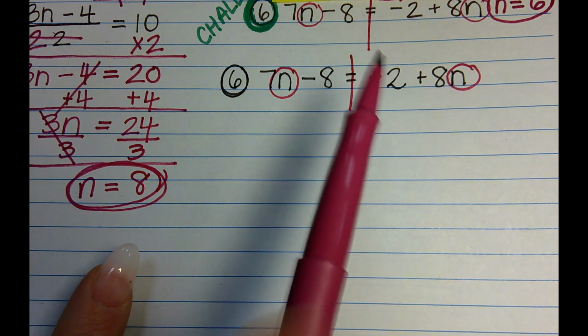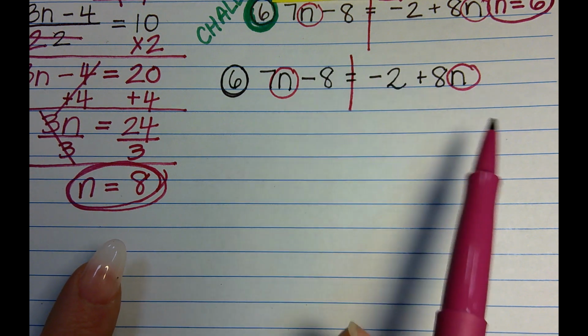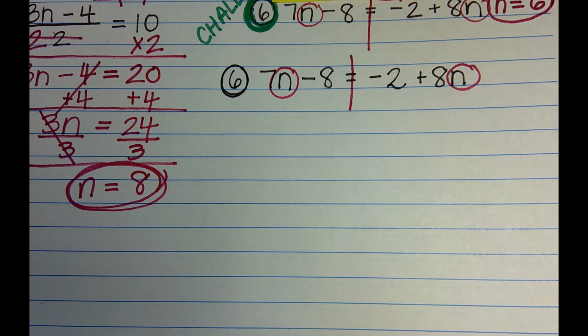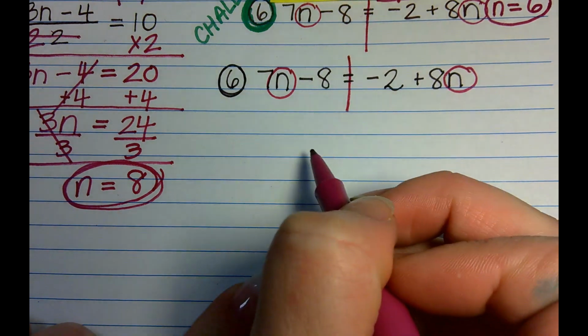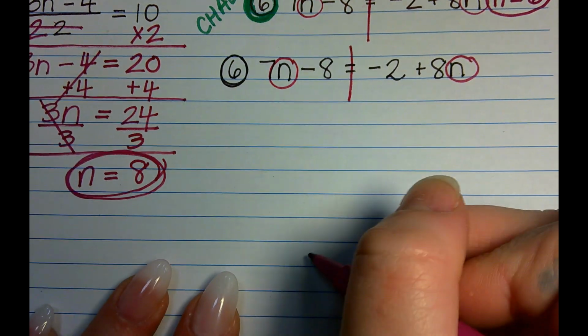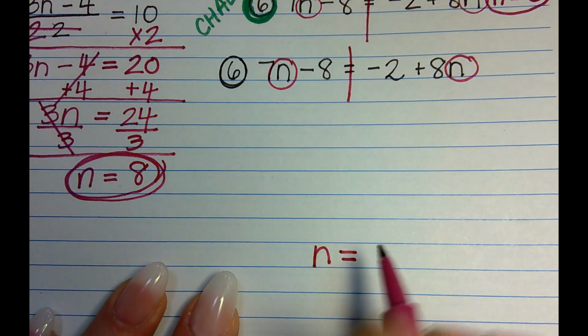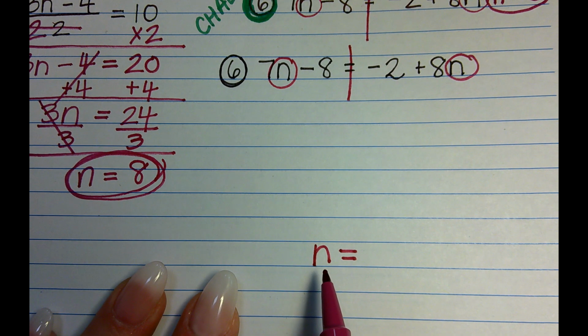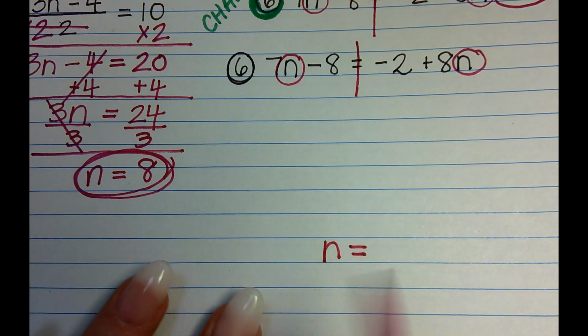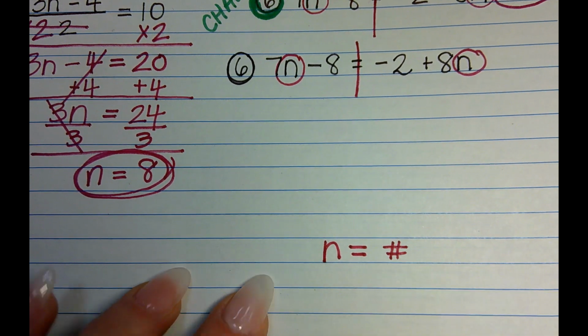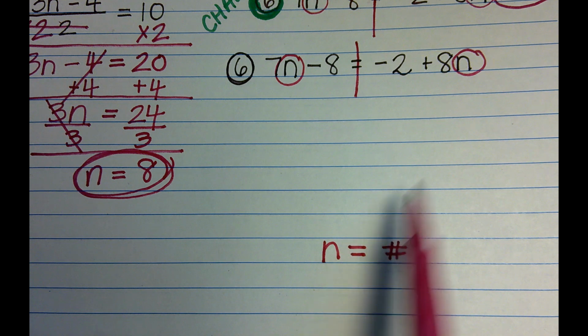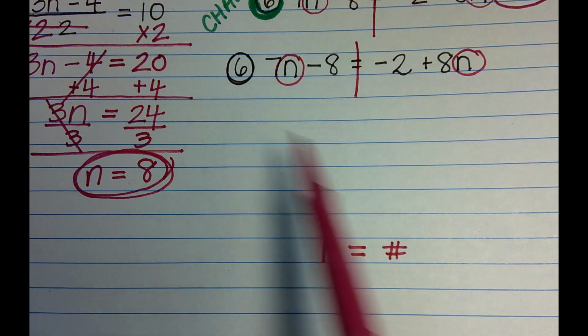Now, first of all, when I have variables on both sides of my equal sign, this is a problem because I need to have an answer. Remember, my goal is to get n by itself on one side equal to a number. I can't do that if there are n's on both sides.